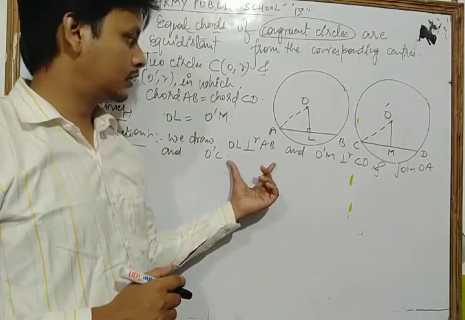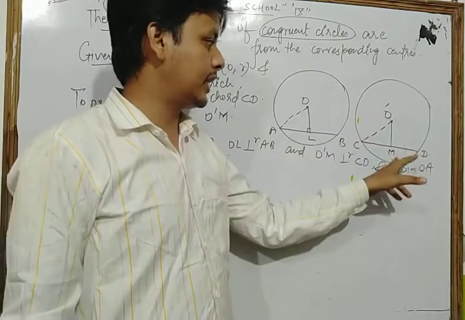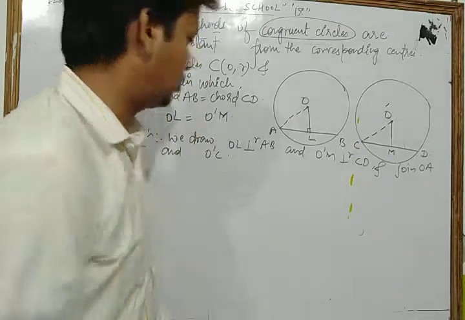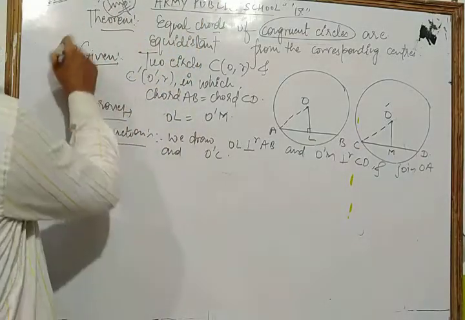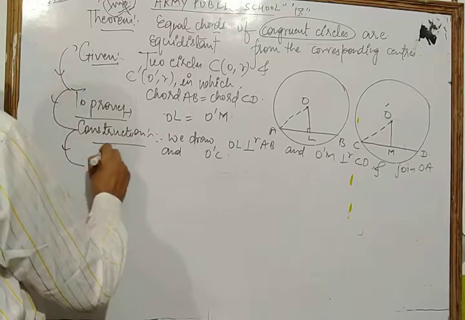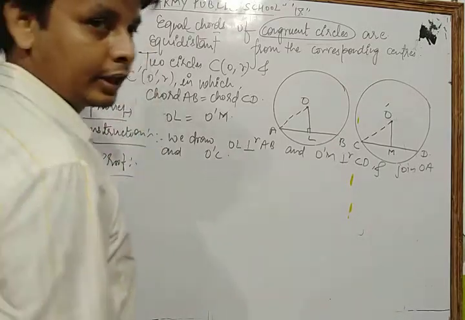We write given, to prove, then construction, then proof. This is the step which you follow in all the theorems.